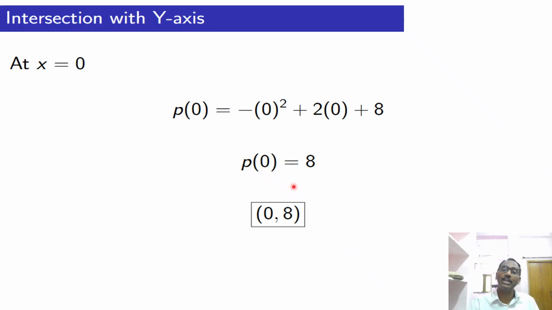P of 0 is the y coordinate. For x equal to 0, I got y value 8. So 0 comma 8 is the point on the y-axis where the curve intersects the y-axis. So at 0 comma 8, the given quadratic polynomial intersects the y-axis.